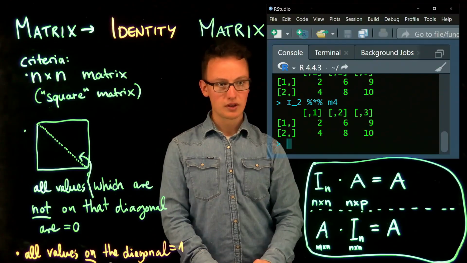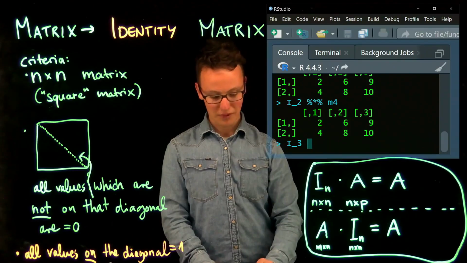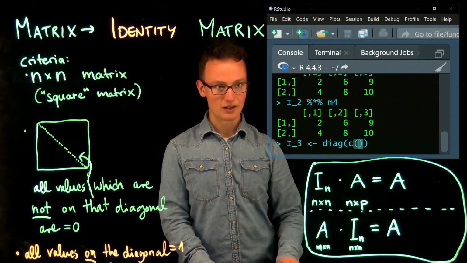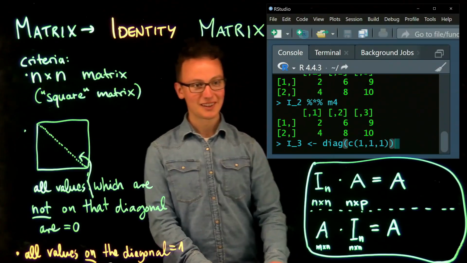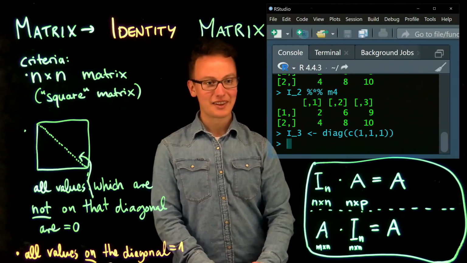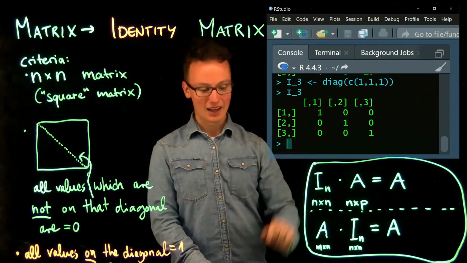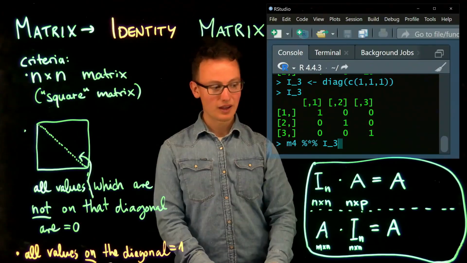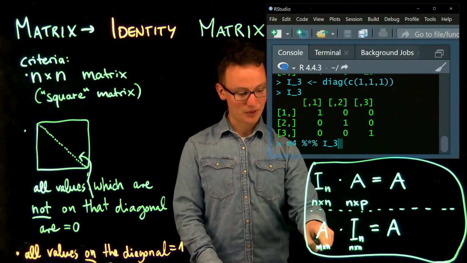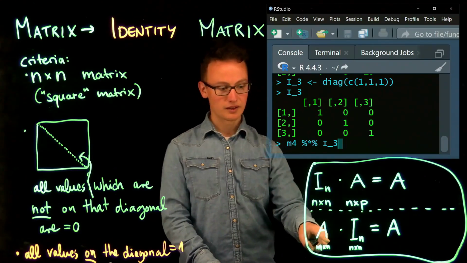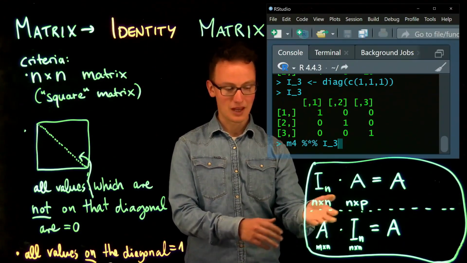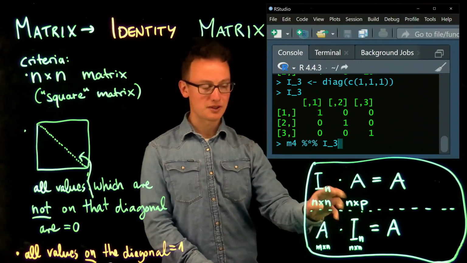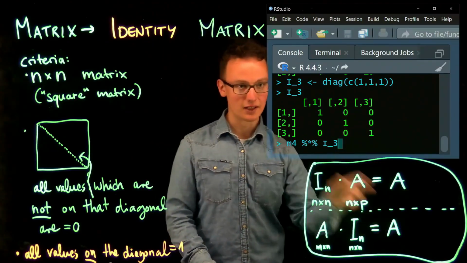Or we could do, well, we'll have to define I3 first. So I3 will be diagonal of, let me just write it in a simple way, 1, 1, 1. Okay, that's my I3. You can see it here. And if I do M4 matrix multiplied with I3, this would be the case where the number of columns of my matrix, the M4 matrix in this case, is the same as the dimensionality of the identity matrix if I have the identity matrix on the right side of the multiplication.